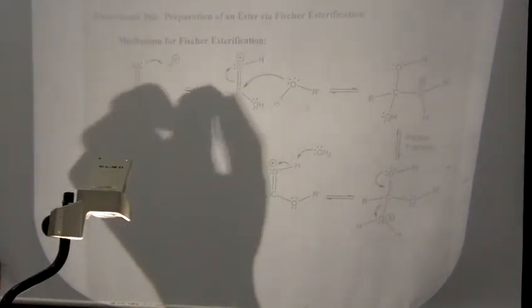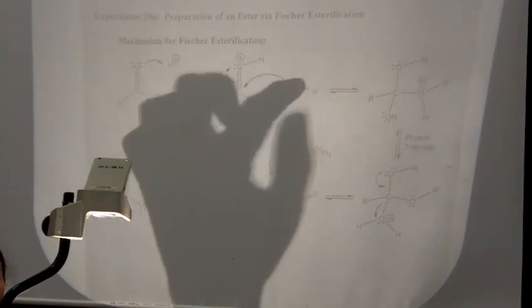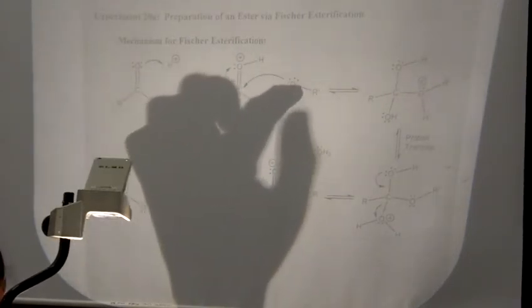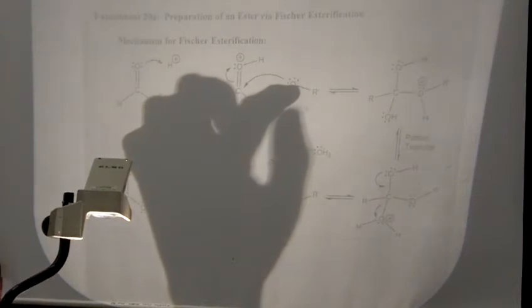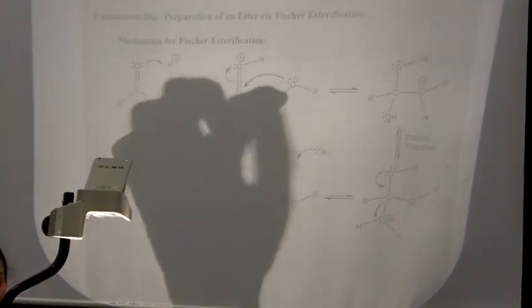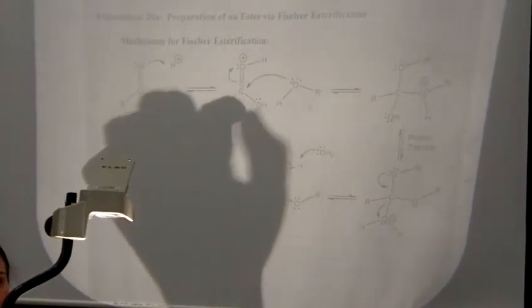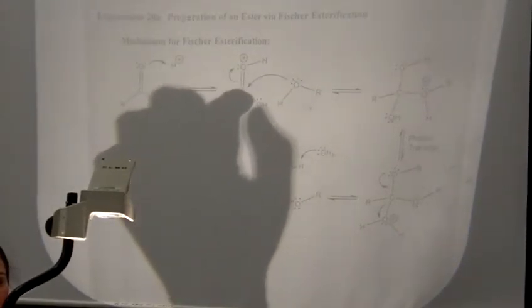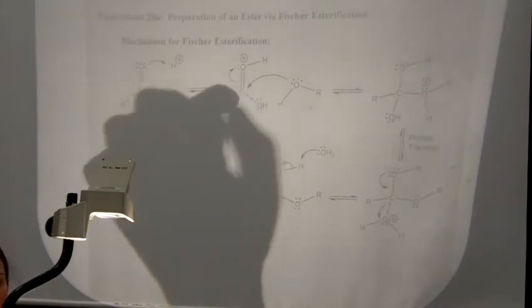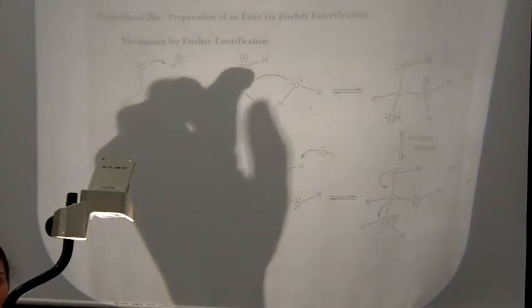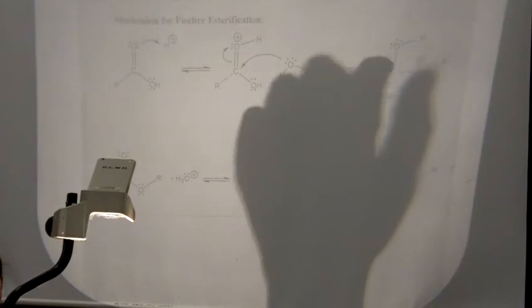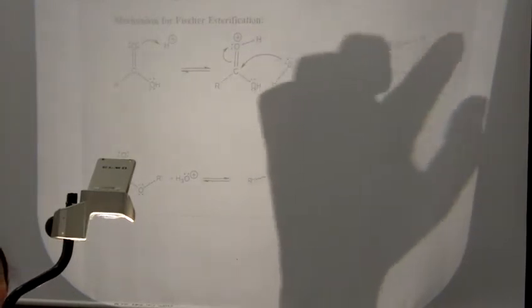Okay, and so then that makes that carbon more susceptible to then react with the oxygen from the alcohol. All right, and so we get our carbonyl oxygen is protonated. We get attack from the oxygen of our alcohol at the carbon of our carbonyl, and we get some movement of our electrons up to our oxygen. So we get this tetrahedral intermediate.